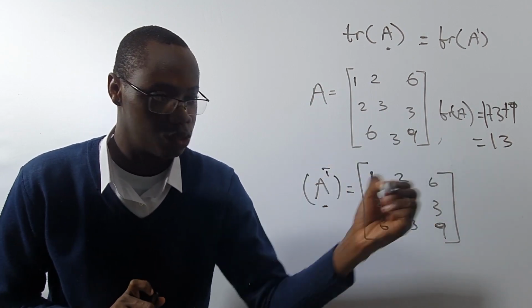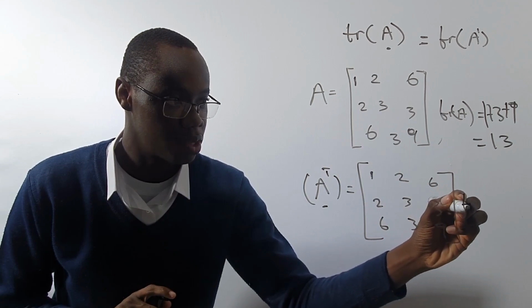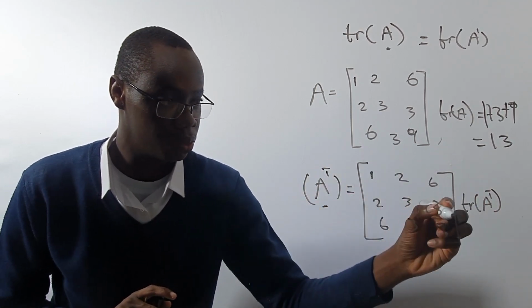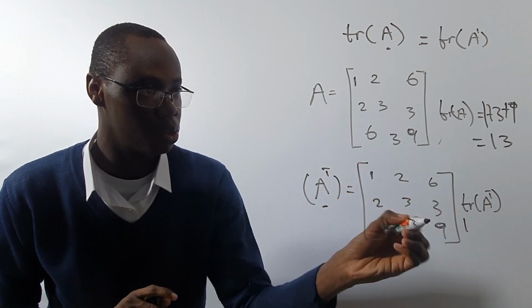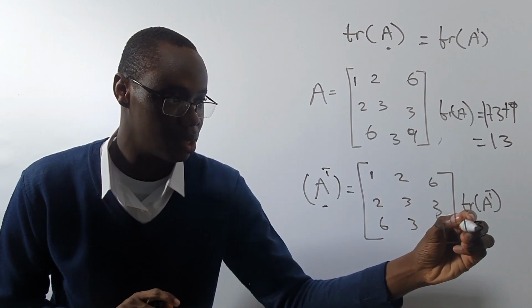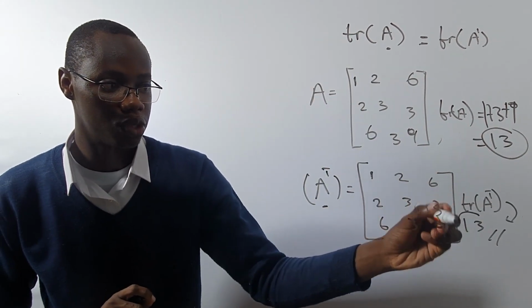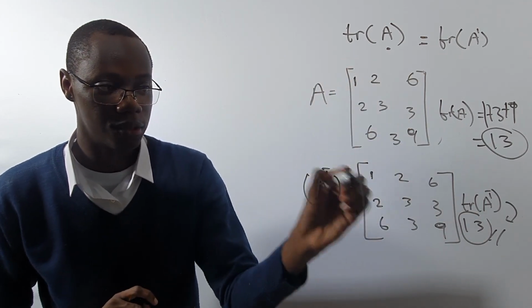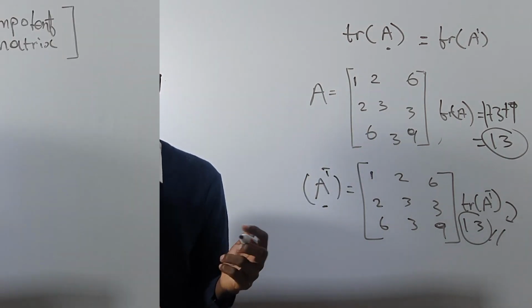And the trace of the transpose, which is this matrix now, should be the same. So that's 1 plus 3 plus 9. See, it's still the same thing, which is 13. So that's one fun fact you should know. The trace of the original matrix, when transposed, should still be the same. If it's not the same, then something is obviously wrong.